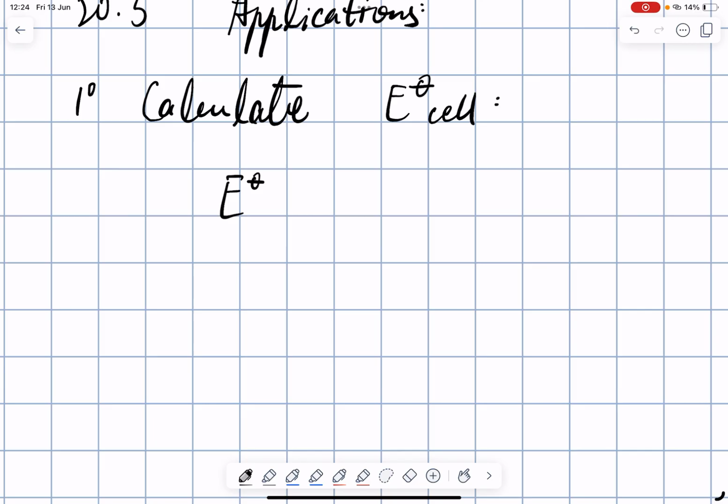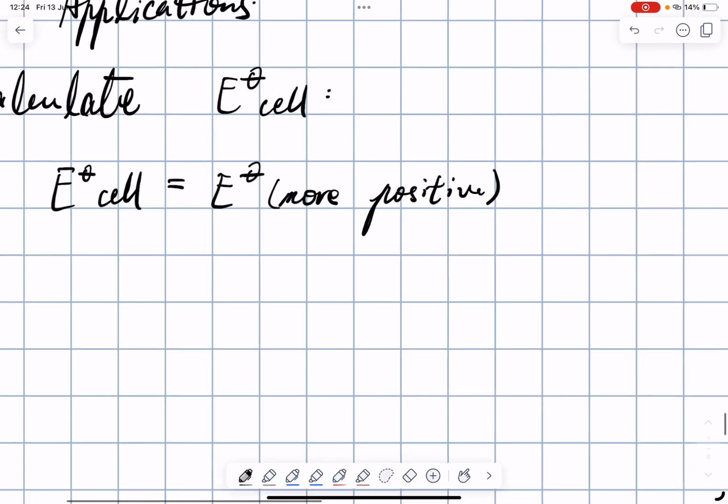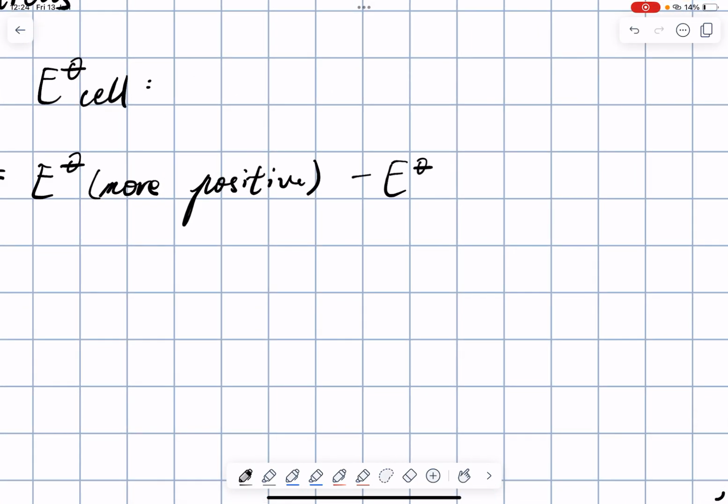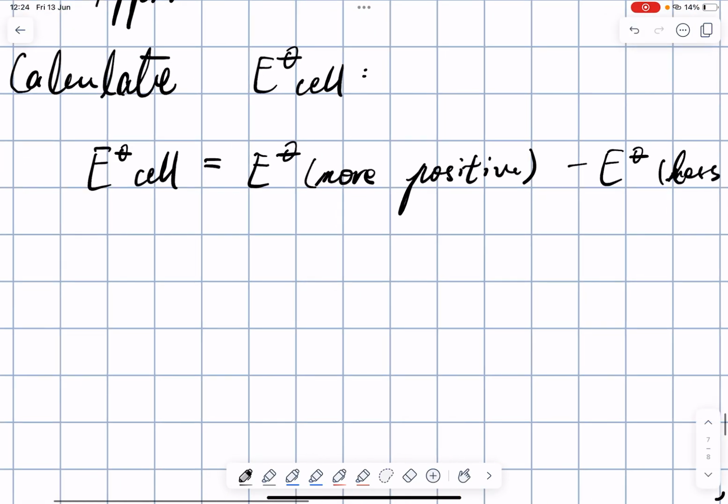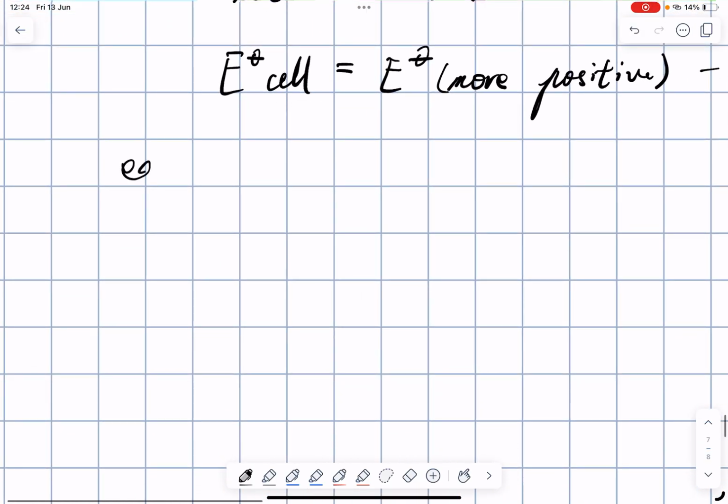E standard cell equals the more positive E standard minus the less positive E standard. For example, a good example will be still silver and zinc.